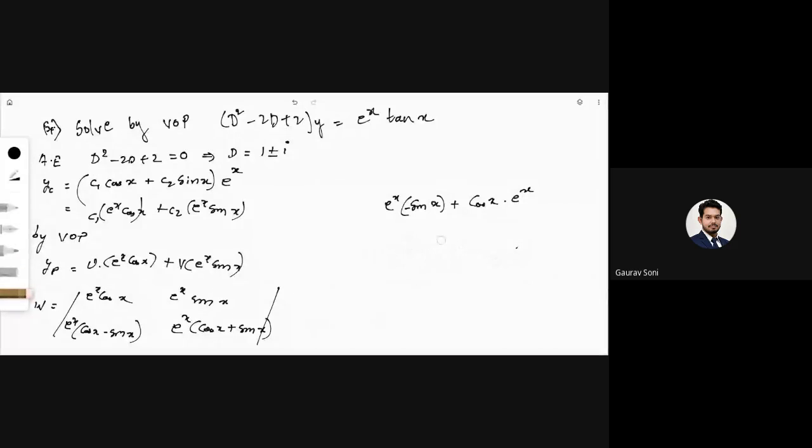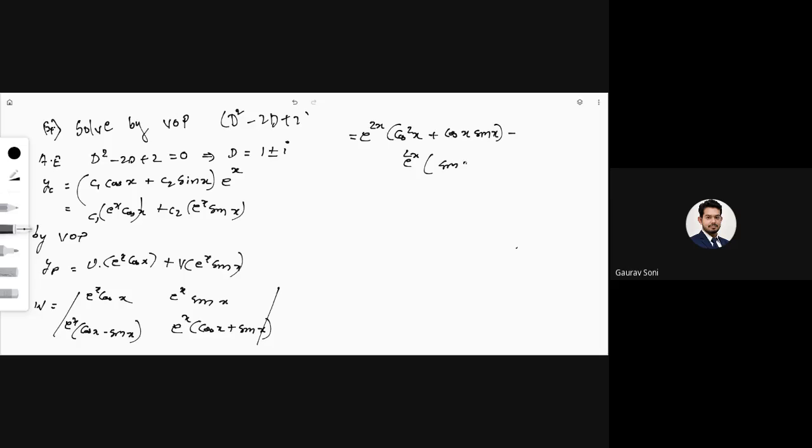So let's find out the determinant of this now. So we'll have e to the power 2x in bracket cos square x plus cos x sin x minus e to the power 2x in bracket sin x cos x minus sin square x.